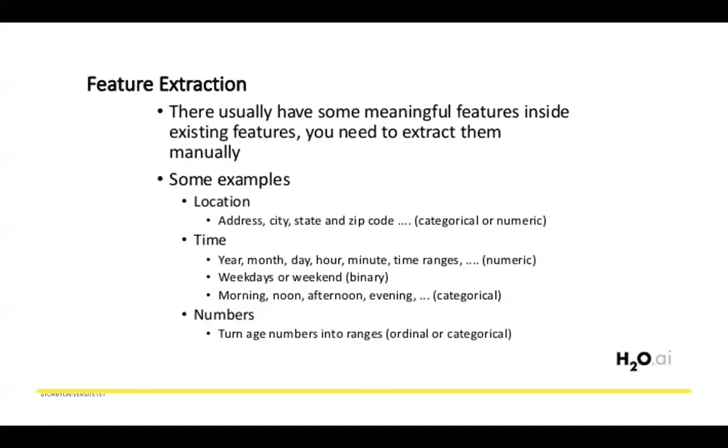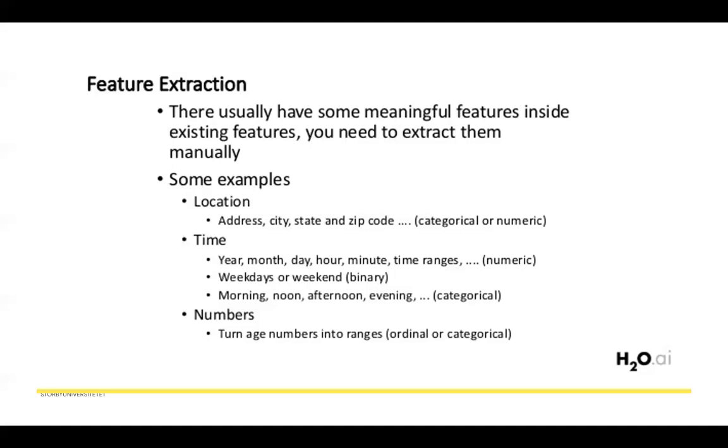Another thing about feature extraction is that it's the same thing we discussed earlier, but if you have a textual data set which contains address information, you have information like location, then the kind of features you can deduce would be address, city, zip code.